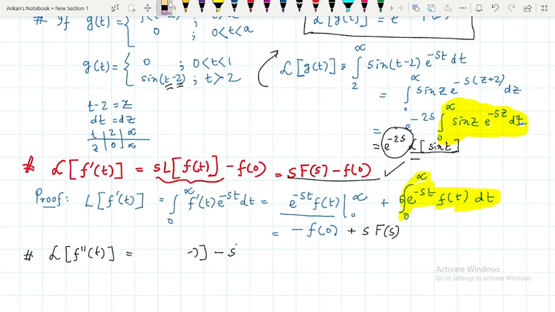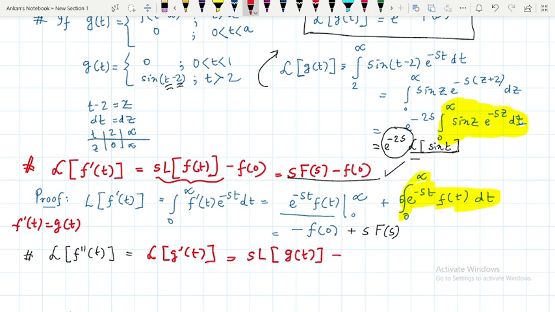You can prove it by assuming f prime t is g(t), so we need the Laplace transformation of g prime t. Now the Laplace transform of the first order derivative gives s times the Laplace transform of g(t) minus g(0).